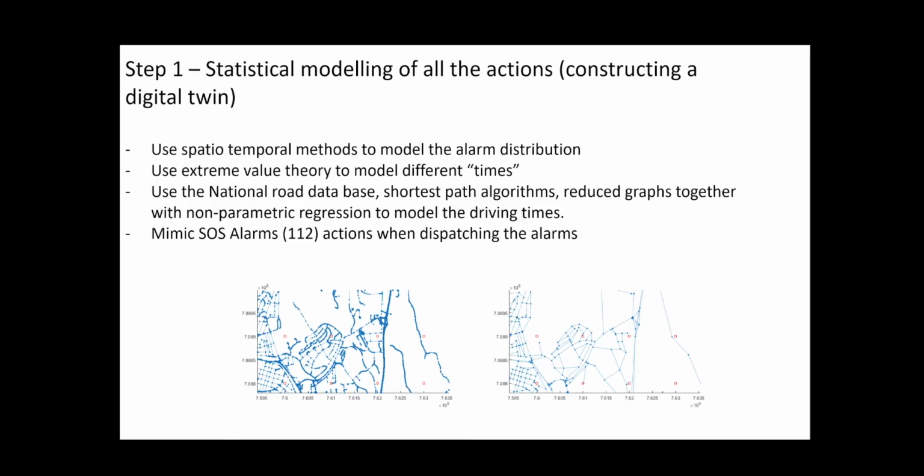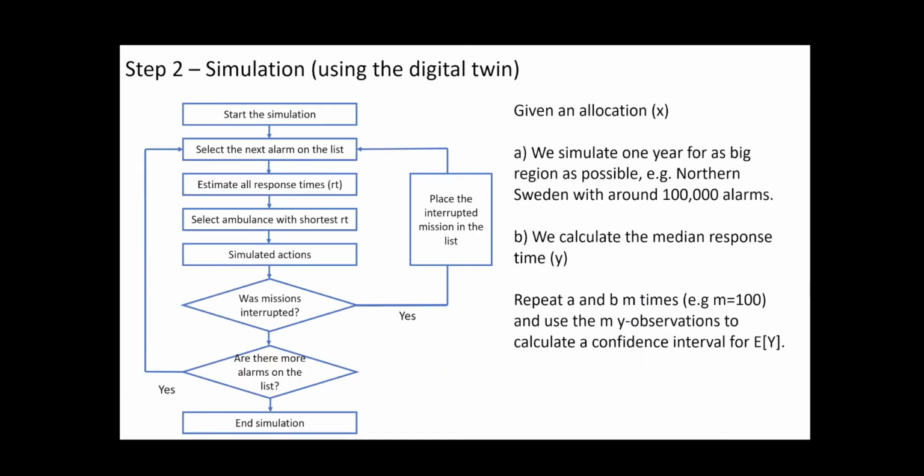Once we've done this, we can simulate realistic alarms, and without going into any detail, we specify an allocation, our X value. We do simulation for one time period, usually 1 year. We simulate for the whole of Sweden, or in our case, the northern part of Sweden.